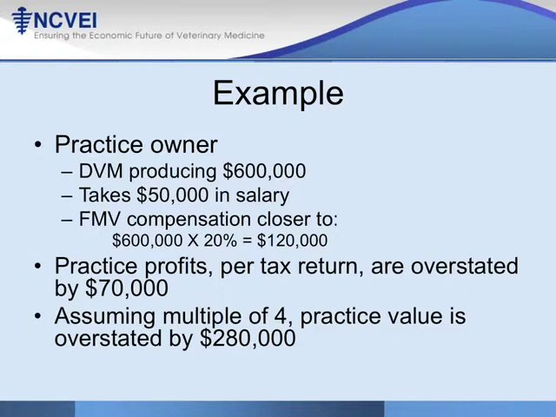And those are the factors that help you understand whether this practice is expected to be as profitable in the future as it is now. For the purposes of this webinar, don't worry about how you get to the multiple, but just understand that even relatively small differences between an item that appears on the tax return and what that number should really be can have very large effects on practice value because of the multiplying effect.